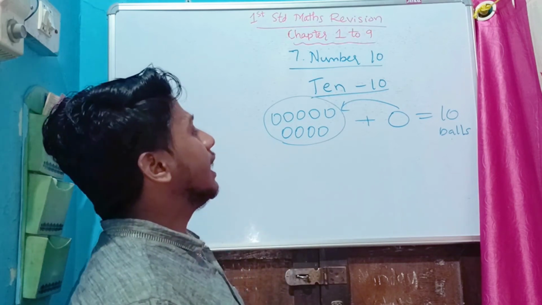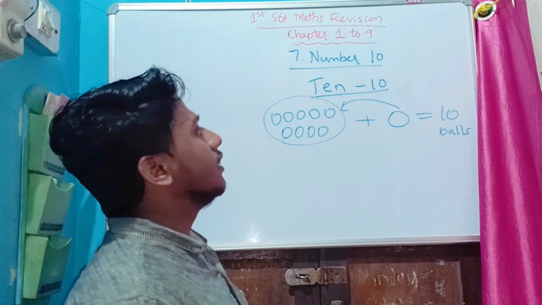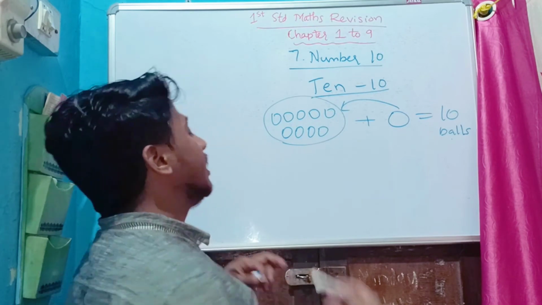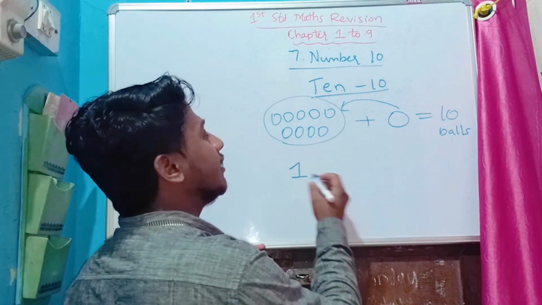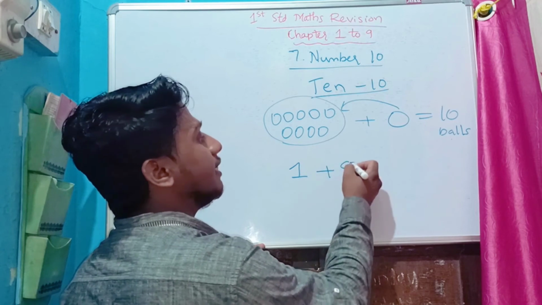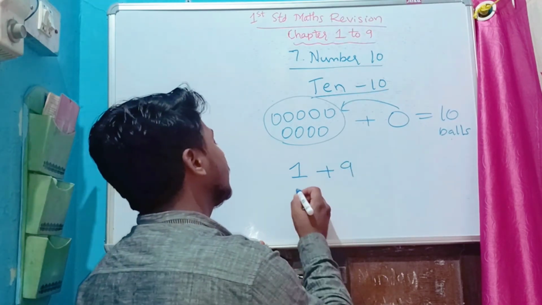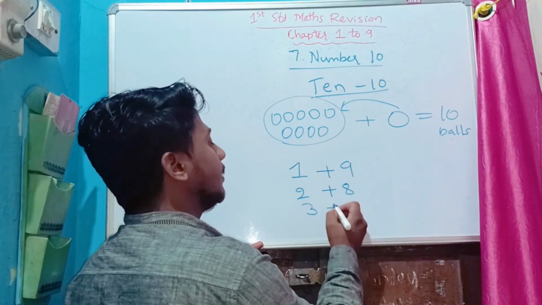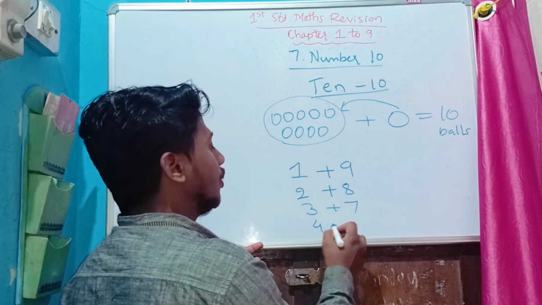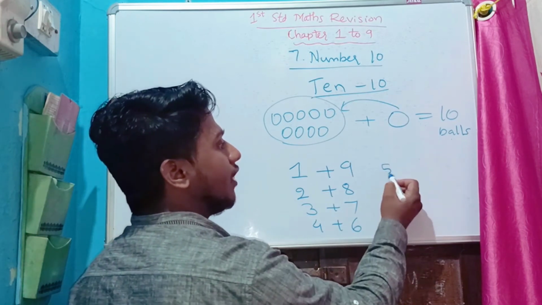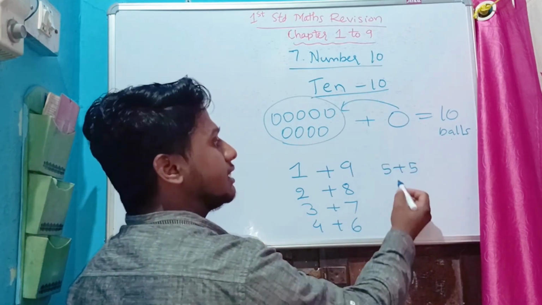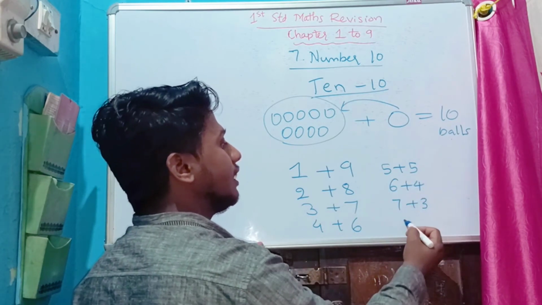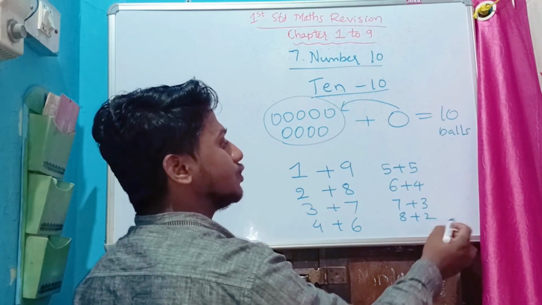Okay, and one more thing is what? So how you can get 10 objects, that you should remember. Like if you can get it in a way like 1 plus 9 objects, or you can get it in a way 2 plus 8, 3 plus 7, 4 plus 6, 5 plus 5, 6 plus 4, 7 plus 3, 8 plus 2.